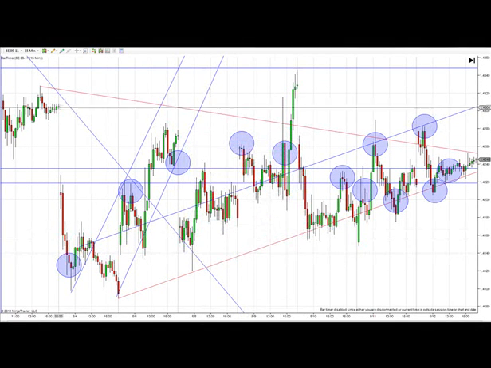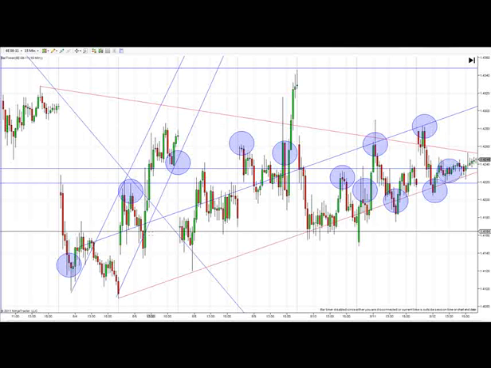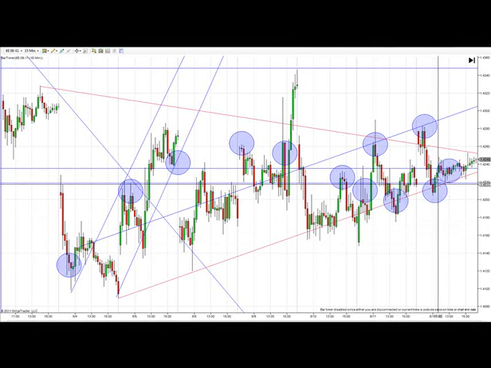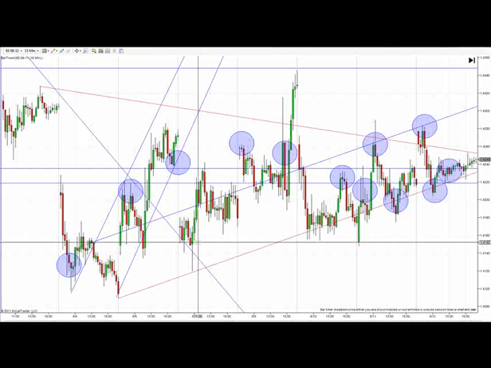Apply, okay. You see here's the ascending triangle. It's sloping upwards right here. We can be looking for a breakout up in that case, but it's not always that easy.